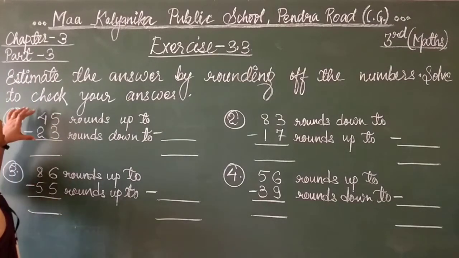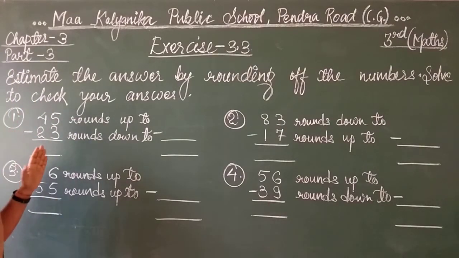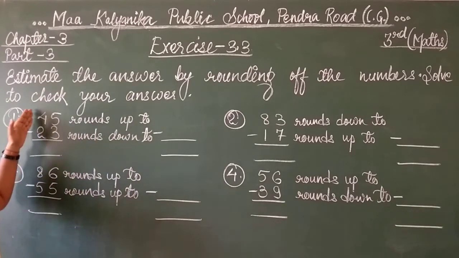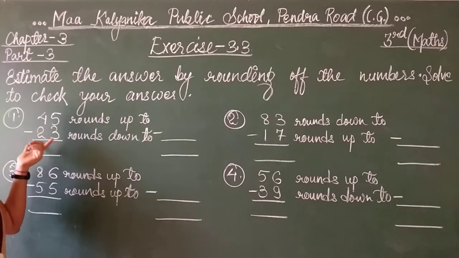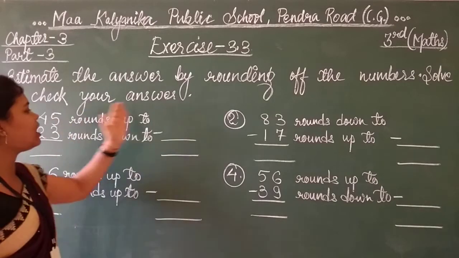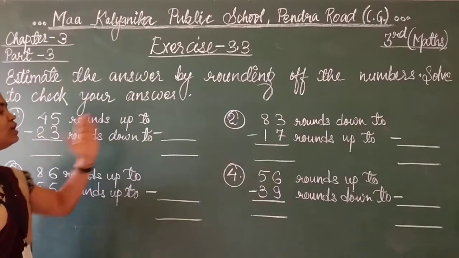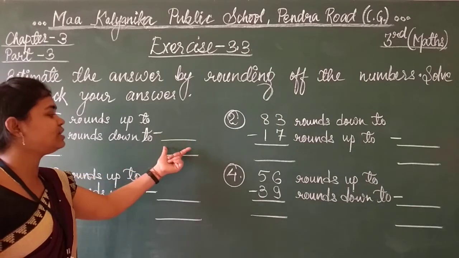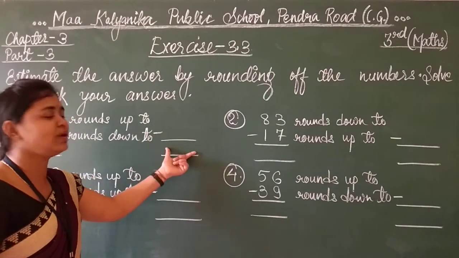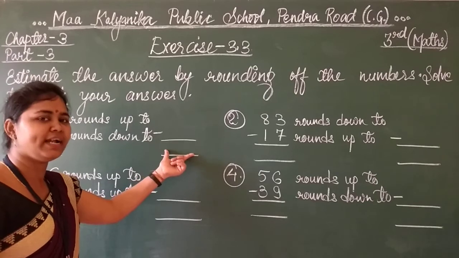Okay, so see, these are the 2 numbers given in question 1, 45 minus 23. The difference which you will find out and write here is the actual difference. And after rounding off 45 and 23, the numbers you receive and the difference which you will find out will be the estimated difference.